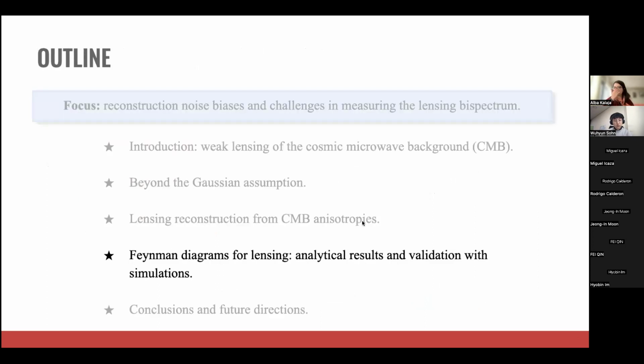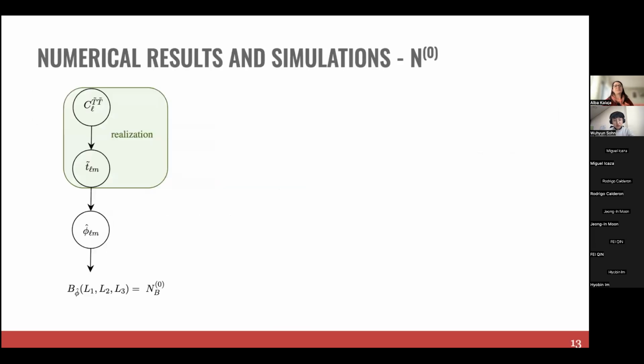So once we have our Feynman diagrams and everything, we can actually compute these noise terms, and what we do is also validate them with simulations. So I'm just gonna go very quickly through the pipeline.